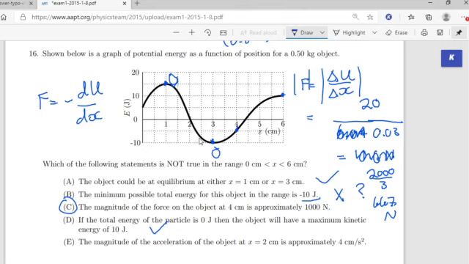Okay, so the slope here is, let's see, this and this. Okay, rise over run, so that's 15, -10, so rise is 25, and run is 2, so 12.5 centinewtons, and the mass is 0.5, so that should be 25 meters per second squared.